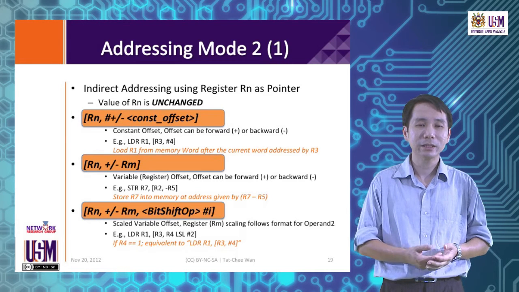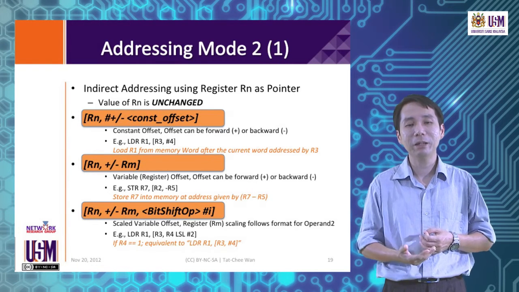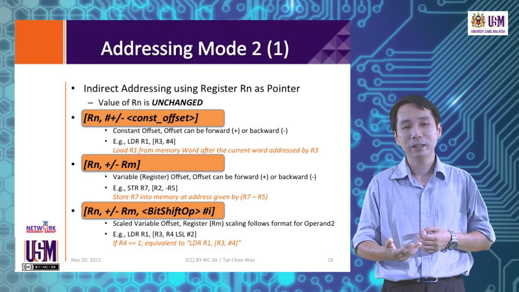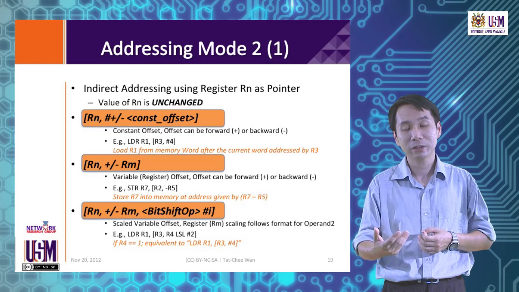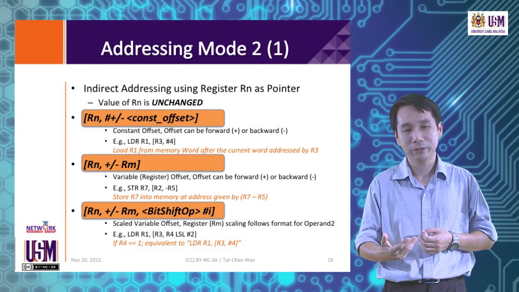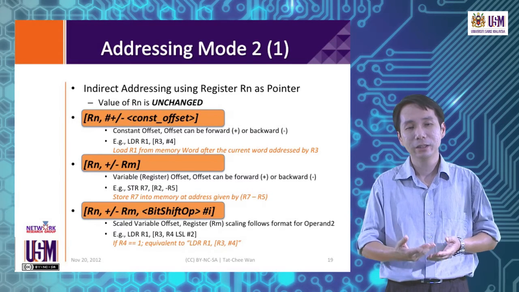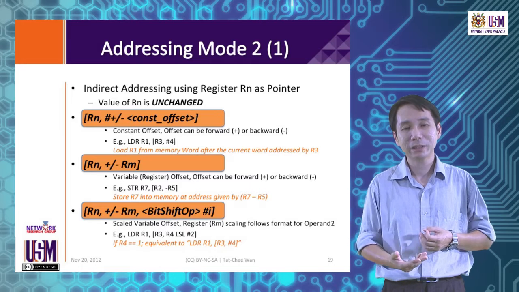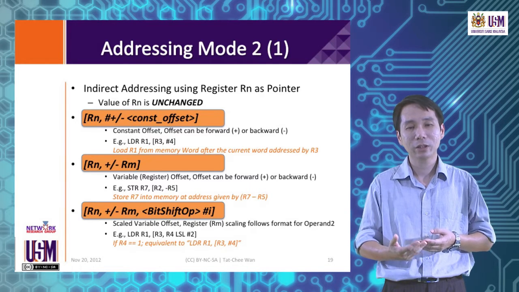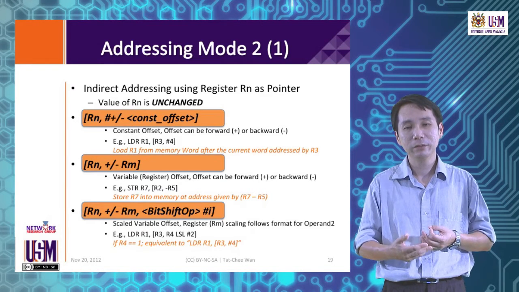The next format is Rn plus or minus Rm, followed by a bit shift operation with a constant bit shift value. This allows us to scale the value in Rm by a given amount. An example of this is LDR R1, R3, R4 LSL #2.